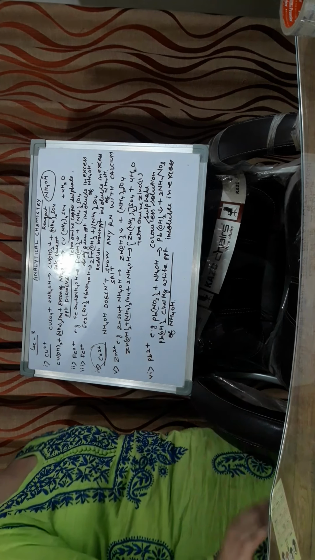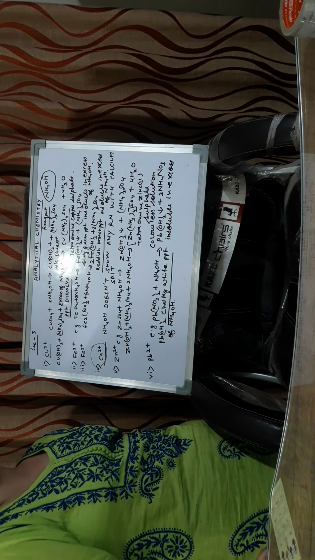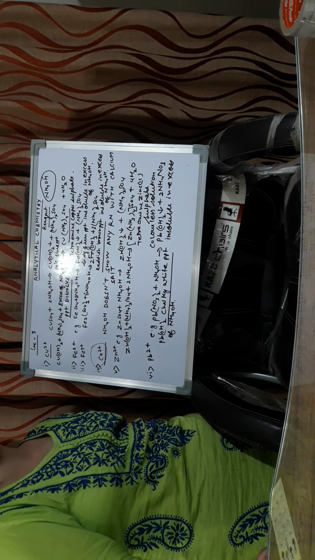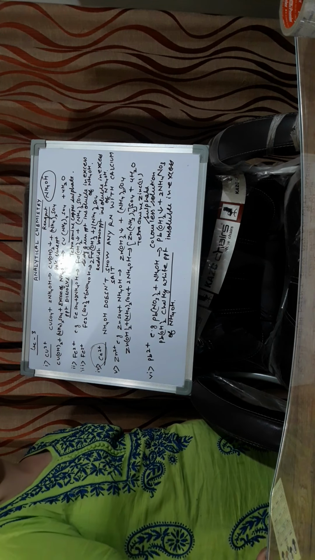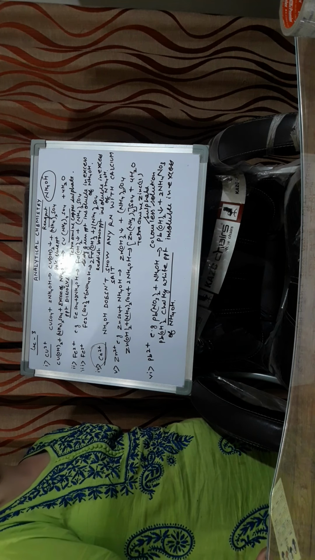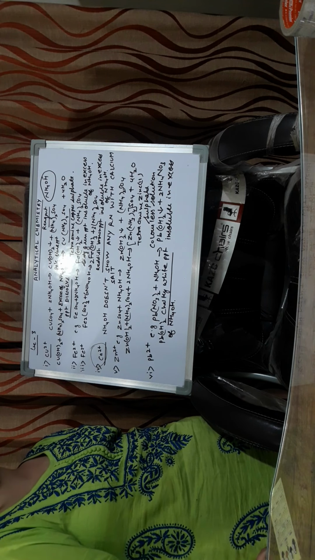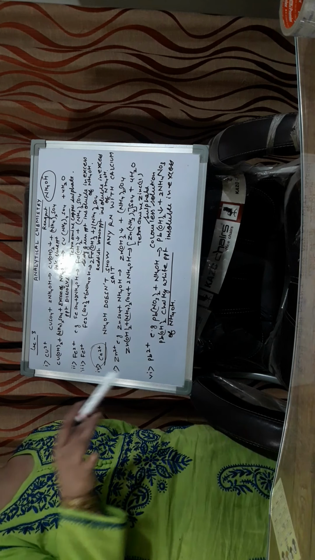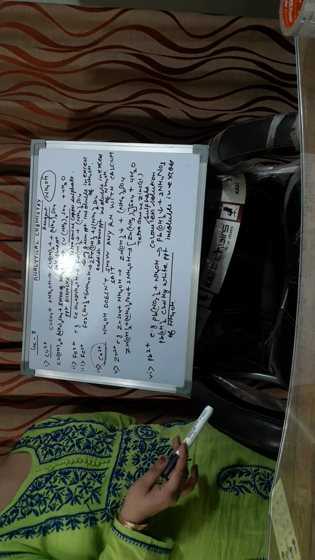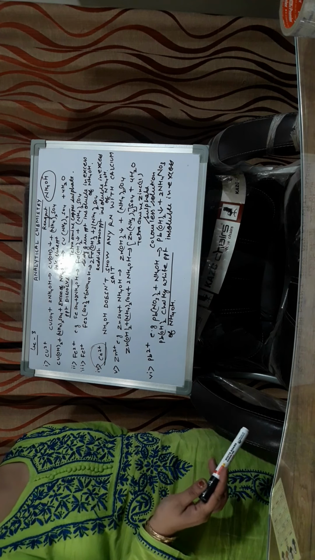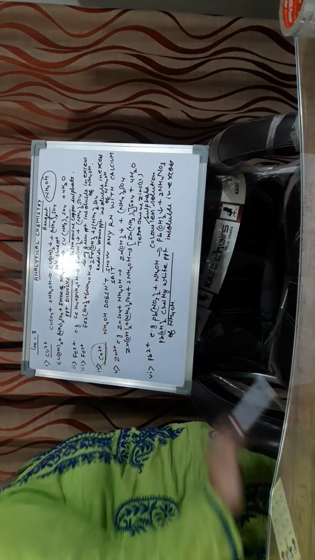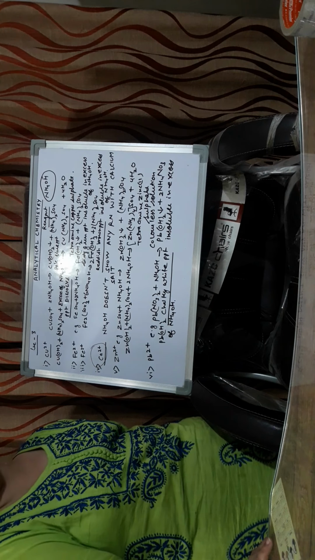Here you can ask one question: can we take PbSO4? No, we can't take it, because PbSO4 itself is an insoluble salt. If we take a precipitate itself, then there will be no result. So here we have to take a soluble salt. PbSO4 is a precipitate. It won't dissolve in water and will not give the result. Pb(NO3)2 plus NH4OH will give a chalky white precipitate.